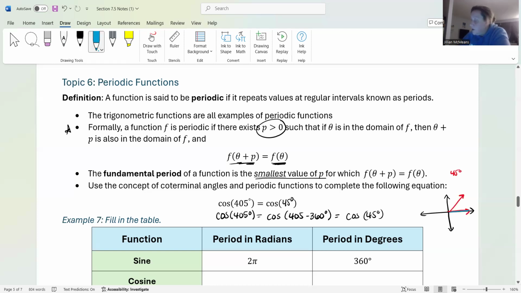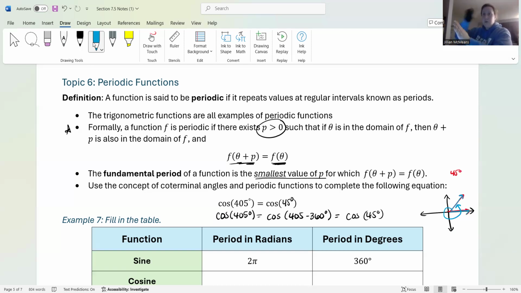We have an initial side on the positive x-axis, and we go 360 degrees, and then if we go 45, we end up right back here. So 45 degrees and 405 degrees are coterminal. They end up at the same spot. And you can see from 45 degrees, if we go a full revolution of 360 degrees, we end up right back at 405 degrees.